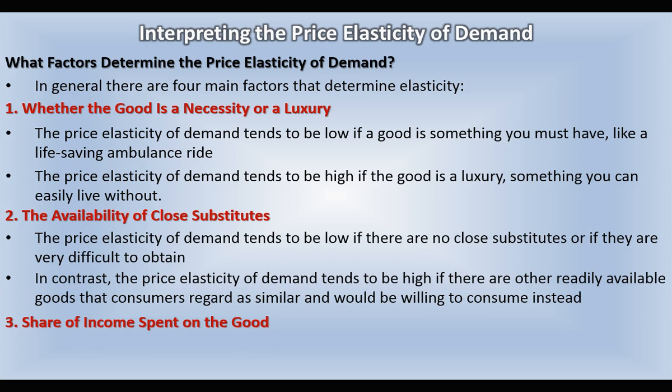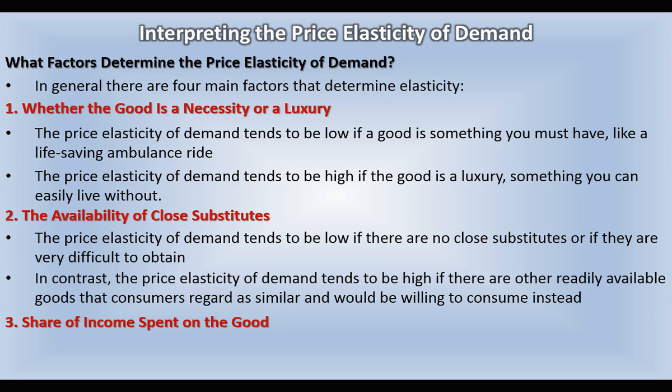The share of income spent on a good. How much of your income is going to the thing you're buying? If it's just salt, it's like $1, not even $1. If it changes to $2, you're going to buy the same amount of salt. You like salt in your food, you're going to buy it. Price doubled, whatever. It's going to be very price inelastic because it doesn't make up a large portion of your income. Versus your rent, right?